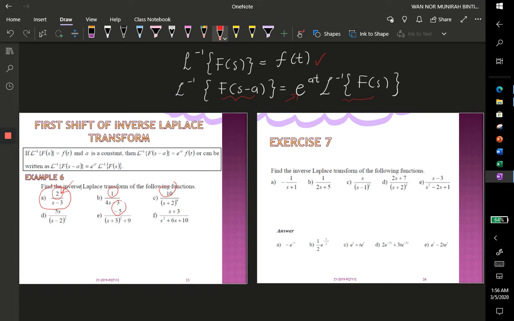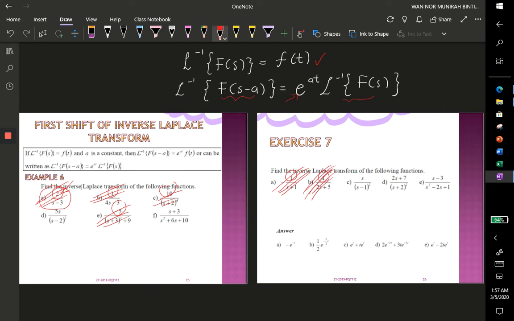The same goes to this one. So you can apply the same thing as what we have discussed before. Just a constant, just a number. This one we have discussed, and I can assume that you are able to solve this one because the numerator is just a constant.